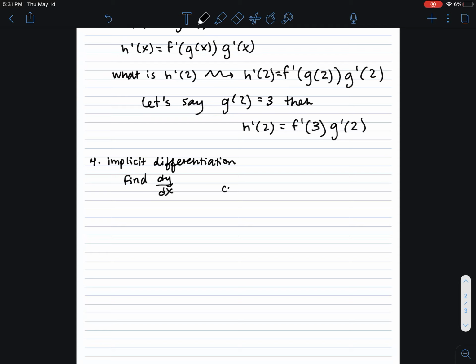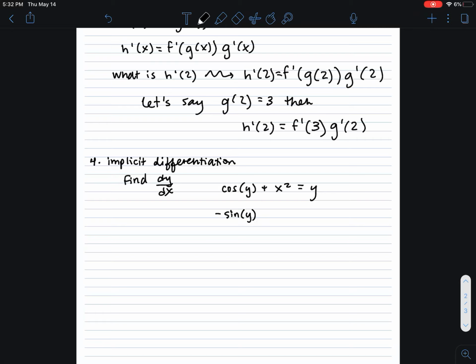So let's say we had cosine of y plus x squared equals y. Okay, so then I take the derivative of both sides. So the derivative of cosine of y is negative sine of y.